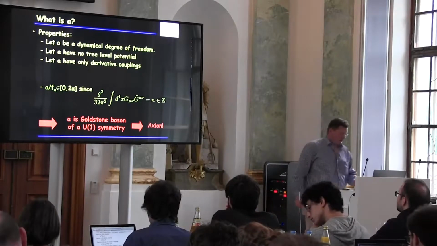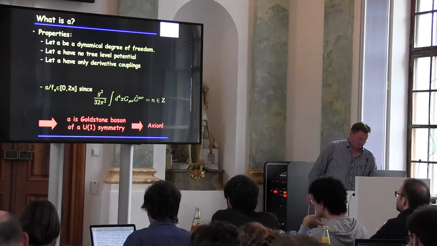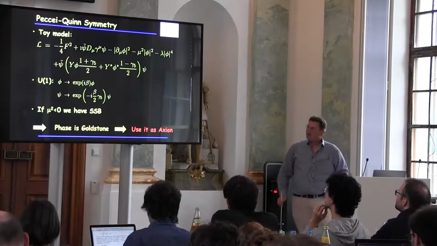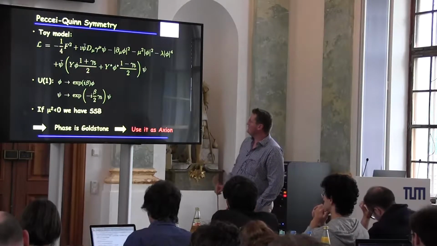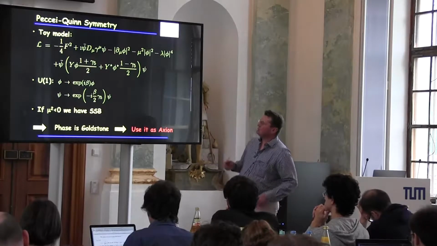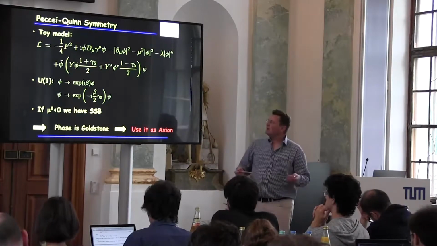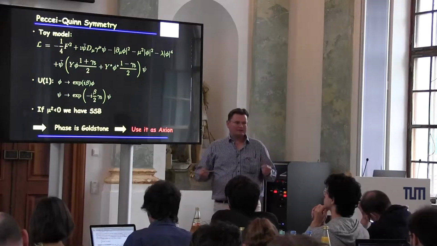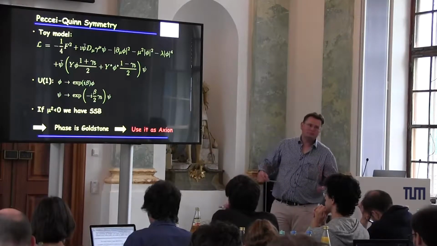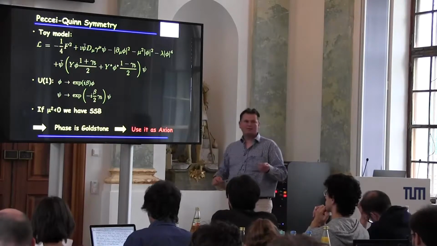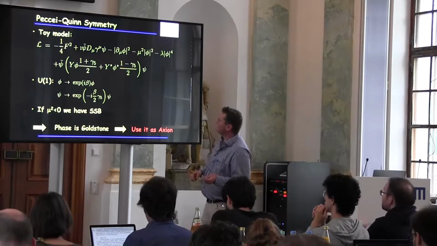The question is, how does this coupling arise? Let me at least briefly sketch how this comes about in a very simplified toy model that has the essential features of a proper axion model.